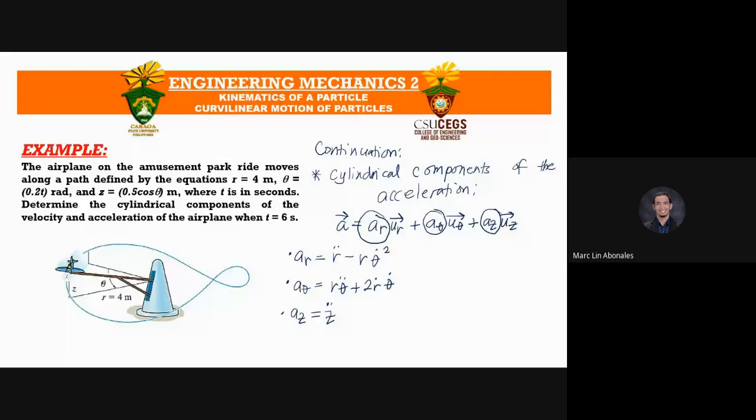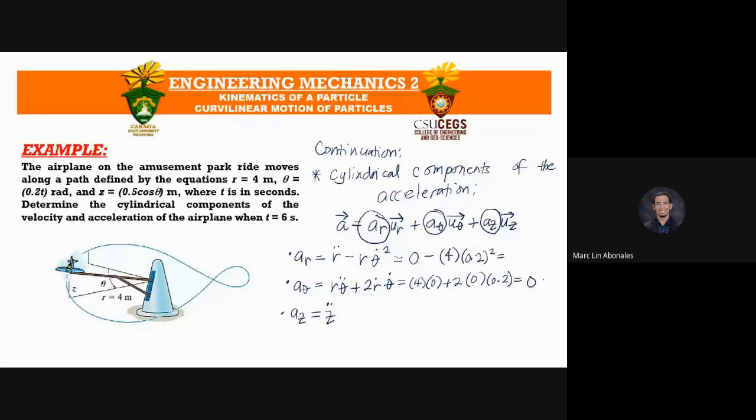So we just only substitute the values. Nakuha naman nato mga time derivatives sa R, theta, and Z. So R double dot, that was 0, minus R was 4, times 0.2 squared. Sa transverse component, that is 4 times 0 plus 2 times 0 times 0.2. So this is basically 0.